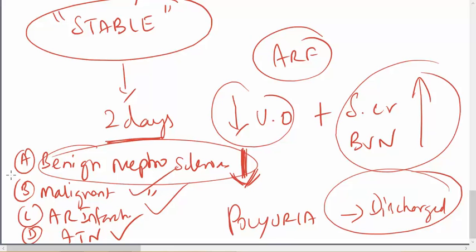Understand? So, they gave the distractors. When you go to medicine posting, these are all close distractors, and you will understand more. Now in this case, because the scenario is very clear, the patient recovered and was discharged, which means he became healthy and went out. So it is ATN.